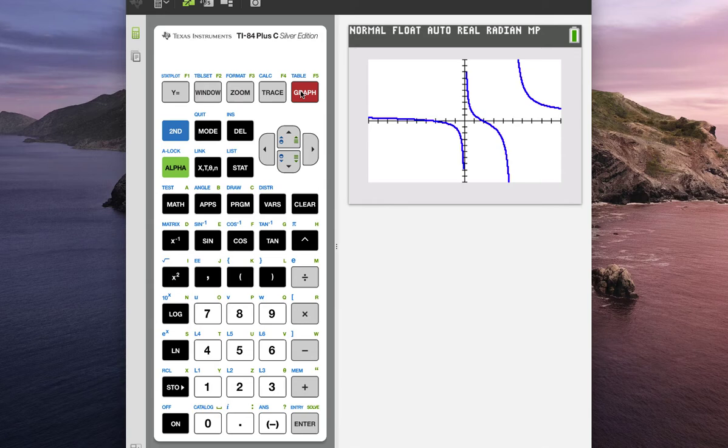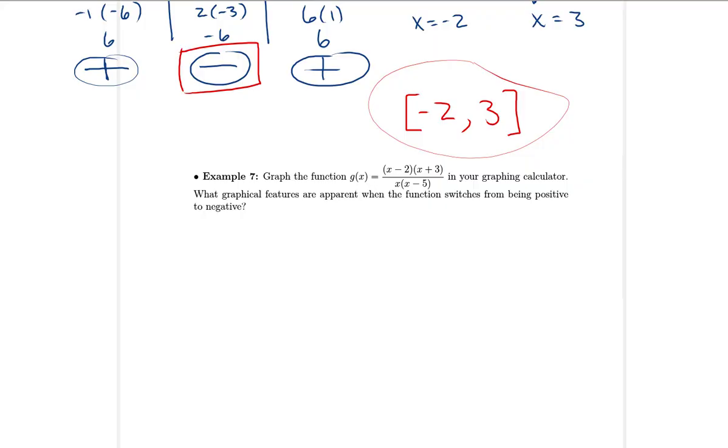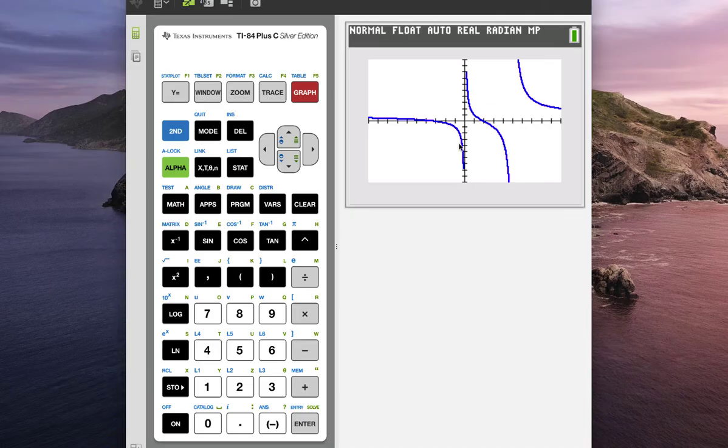Now, it's really easy to see from the function itself that we've got zeros at 2 and negative 3, and vertical asymptotes at 0 and 5. Clearly we switched from being positive to negative at negative 3.